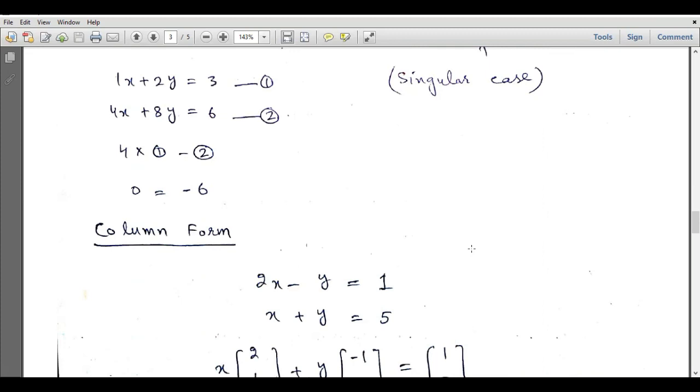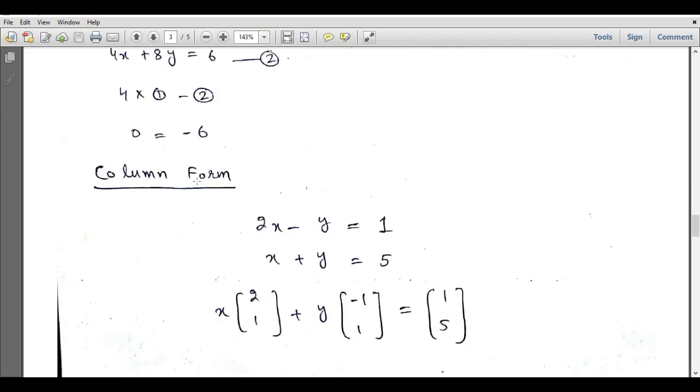So let's move to another discussion, and that is the representation of simultaneous equations in column form. So this is one equation, this is the second equation, and these two equations can be represented in the column form. We can take x common, and 2, 1 can be written in the vector form or column form.